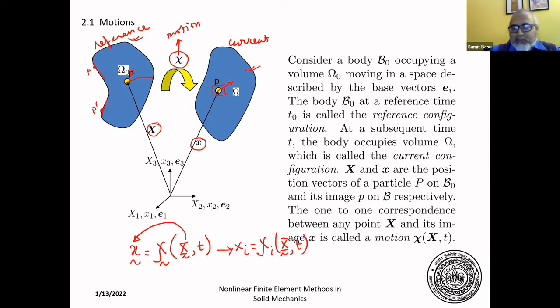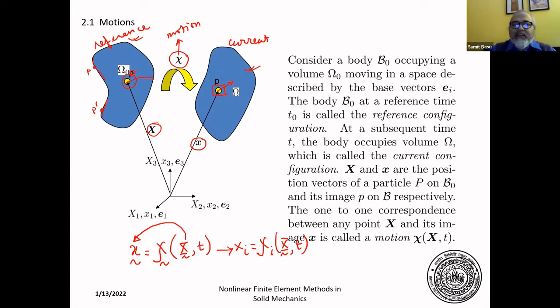There is another possibility where I take this point and ask what its velocity is going to be at a time t when its initial position is known. So I know capital X, and I want to know what will happen sometime later to its velocity. That means I am trying to write velocity as a function of capital X and time rather than small x and time, and that's known as the material description.